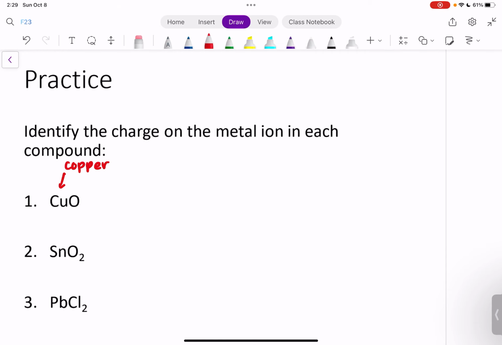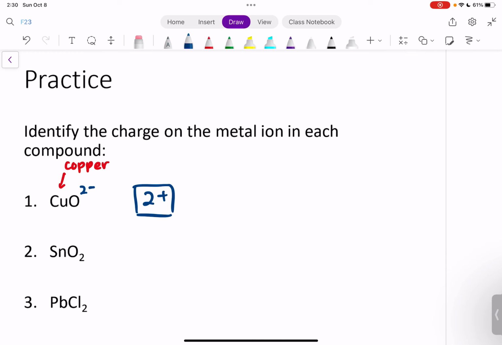But oxygen, when oxygen forms an ion, what ion does it form? Yeah, a 2 minus ion. Always, right? When oxygen forms an ion, it's always going to form a 2 minus ion. So if oxygen on the right has a 2 minus charge, what does the charge on copper have to be? Yeah, 2 plus, right? Because they've got to cancel out.